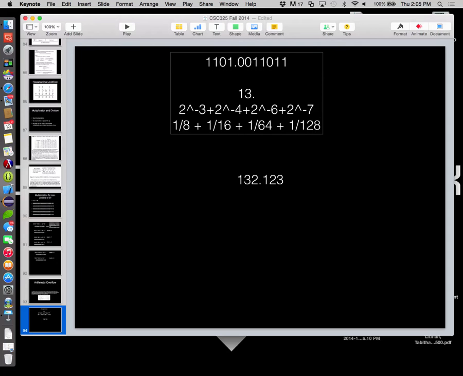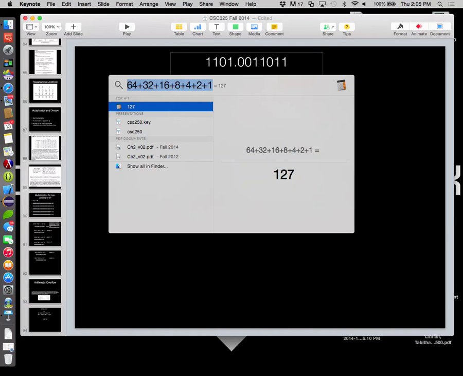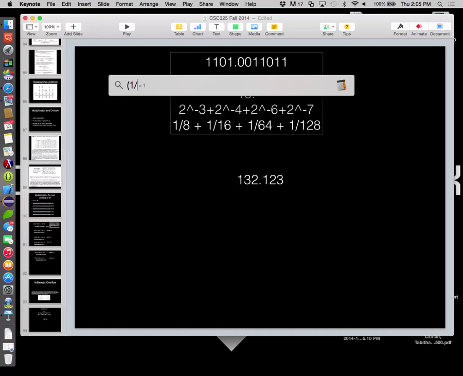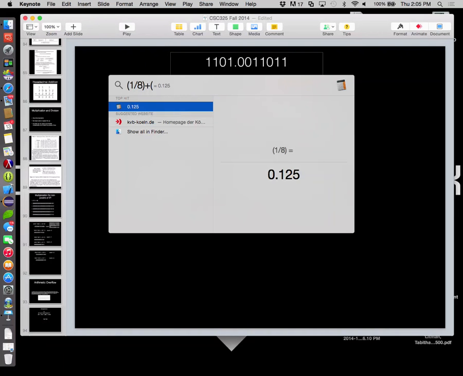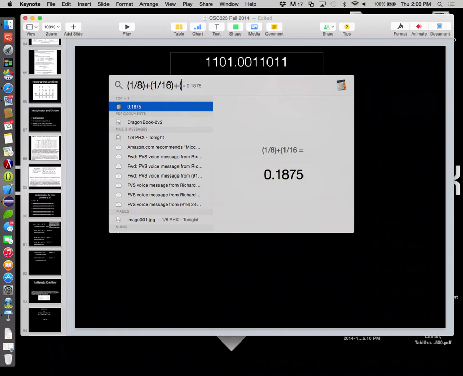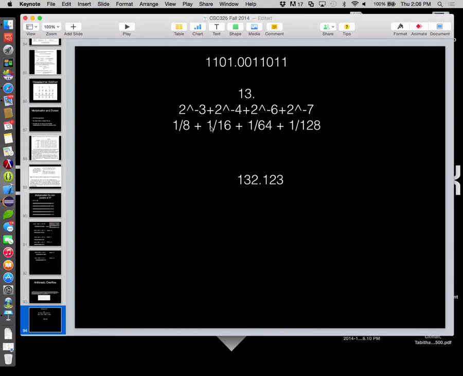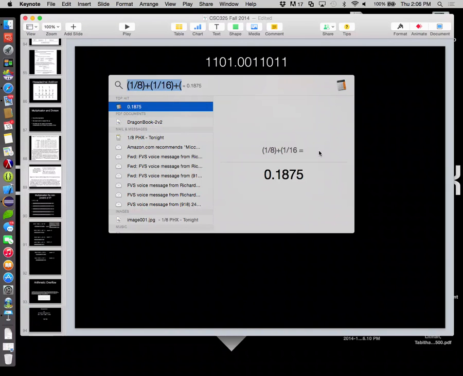All right. So now 1 divided by 8 plus we have 1/16. 1/16 plus, what was my next one? 1/64. 1/8, 1/16, 1/64, 1/128.